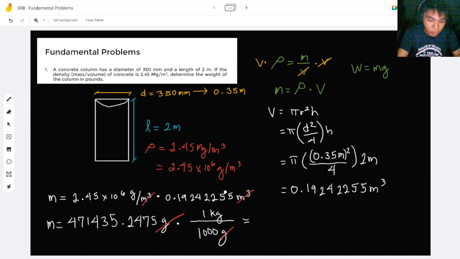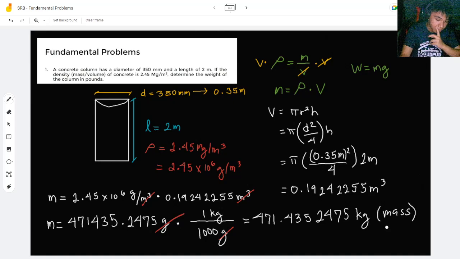So I'm basically having 471.435 2475 kilograms, and this is our mass. Okay, this is our mass, and we're not rounding off yet since we want to get the most accurate answer that we can for this.